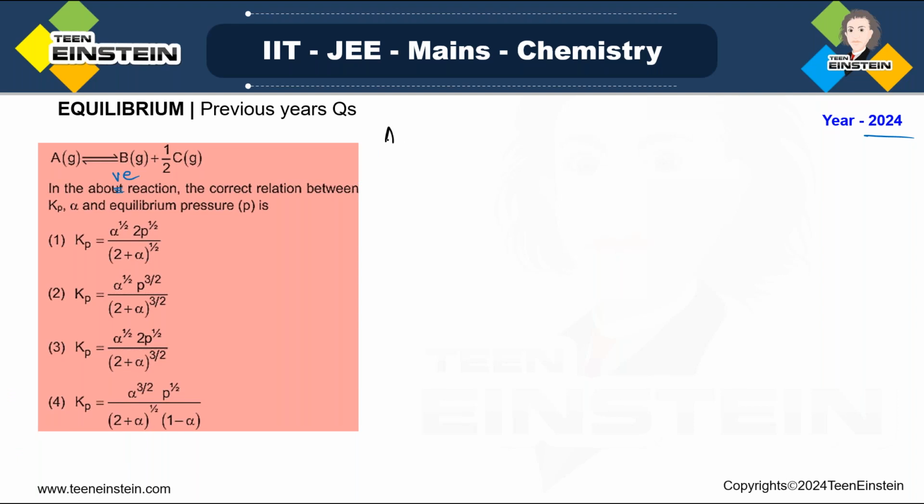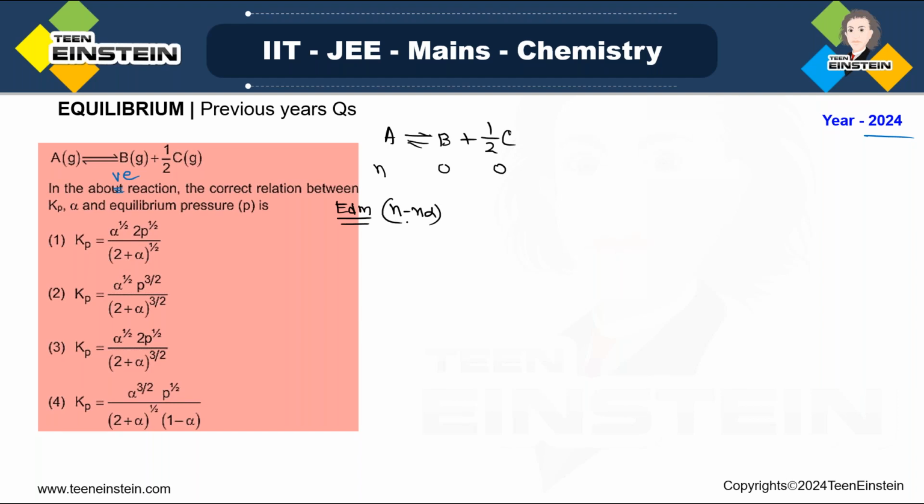writing the equation. So A is converted to B plus half C. Suppose the initial moles of A is N and these two are obviously 0, that is before any reaction. And at equilibrium, suppose alpha is the degree to which A is decomposed to B and half C. So N minus N alpha is the remaining amount, the equilibrium amount.